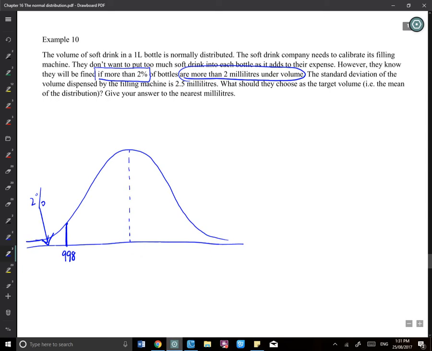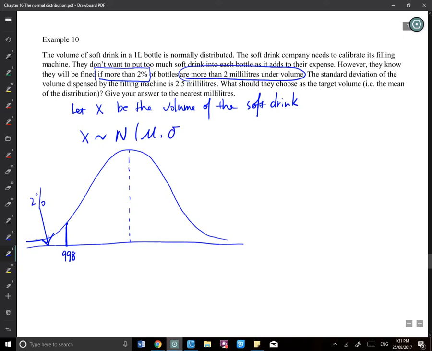Under that. Okay. So the next thing we talk about is that the standard deviation is given. The standard deviation is 2.5. Let X be the volume of the soft drink, and X will be normally distributed.